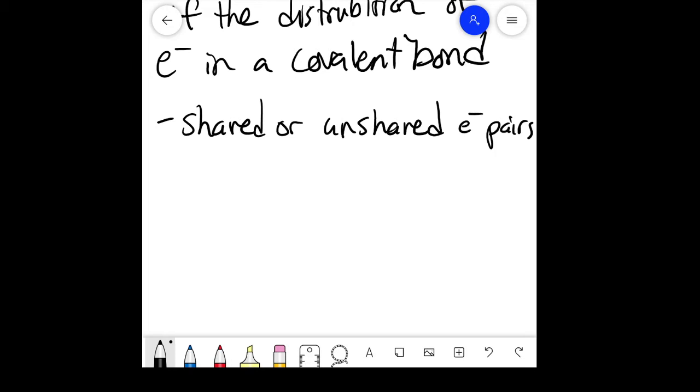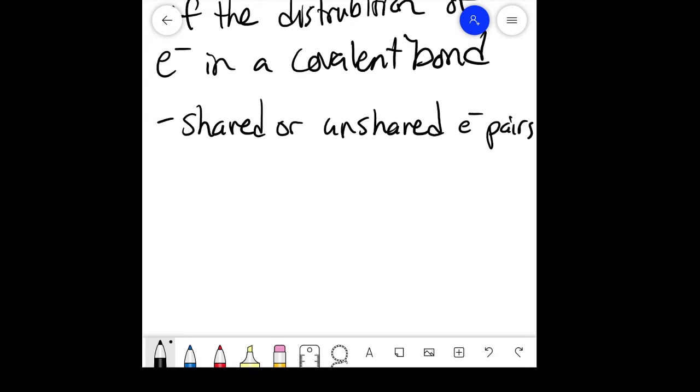So bonds are formed between electrons in the atoms, and bonds can result from an overlap of atomic orbitals on neighboring atoms. So this is how you get hybrid orbitals, because when the elements get close together to share the electron, the orbitals overlap.